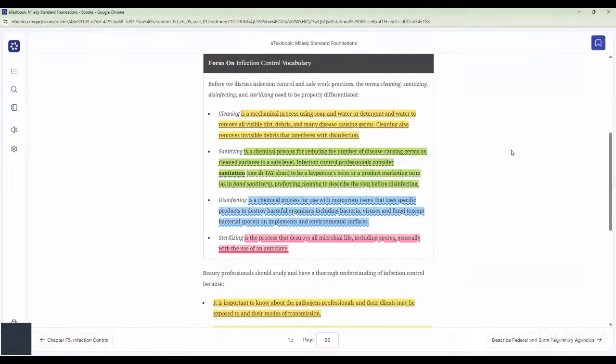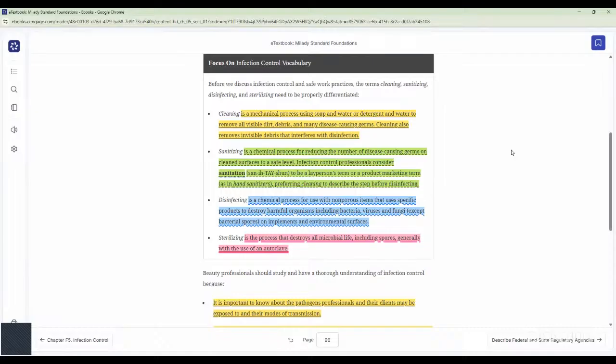When you are cleaning your implements, your clippers, your combs, soap and water, that's just regular cleaning. They still need to be disinfected. You drop some on the floor, you pick it up and go rinse it off, put a little soap on there. That's cleaning. Okay. Sanitizing. Chemical process of reducing the number of disease-causing germs on clean surfaces to a safe level.